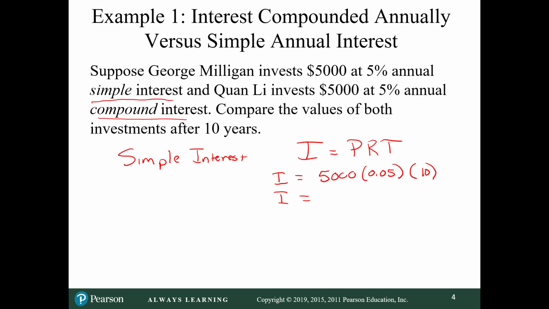It just happens over time. 10 times 0.05 is 0.5, and 0.5 times 5,000 is $250. That would be the simple interest. That's how much interest you get in 10 years not compounding at all. Compound interest is much better.